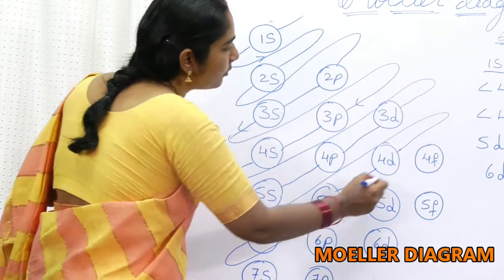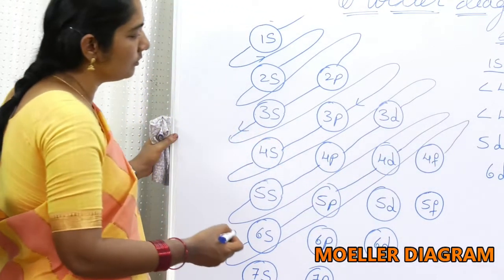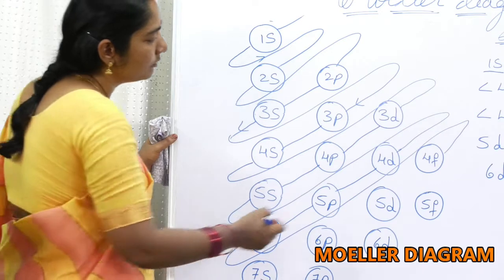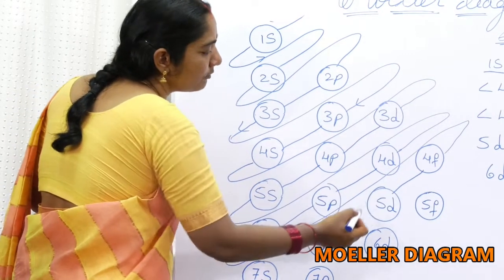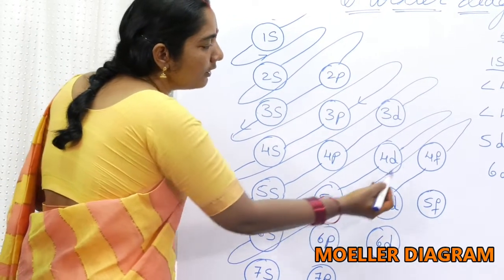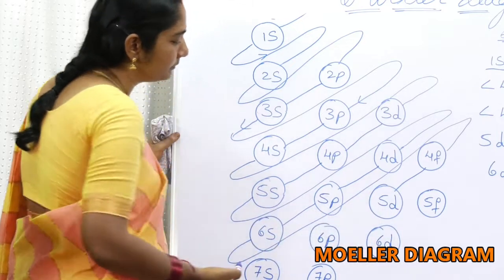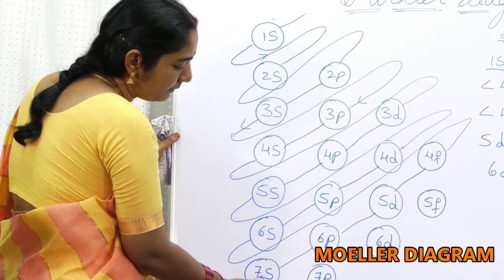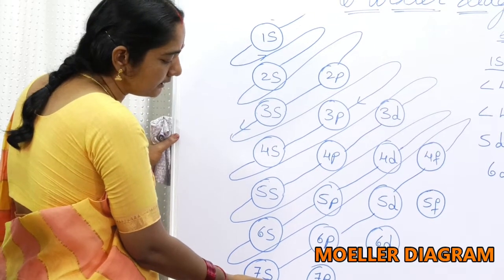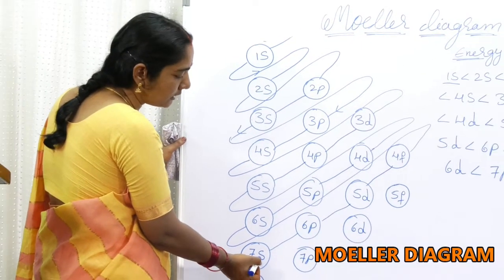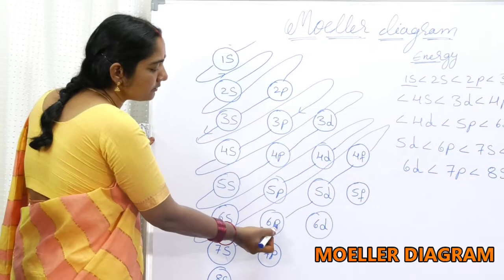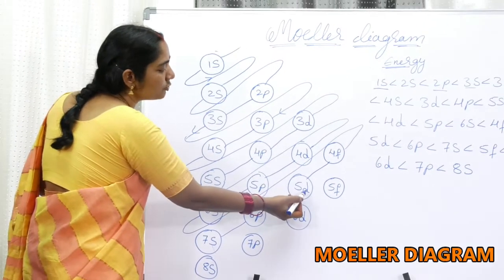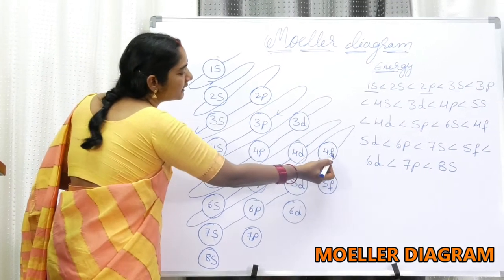Again you keep going like that. Again to 4f, next to 5d. Now see here, 4f and 5d. See in this particular line, 7 plus 0, the l value of s is 0, so 7 plus 0 is 7. 6 plus 1 is 7. 5 plus 2 is 7. 4 plus 3 is 7.